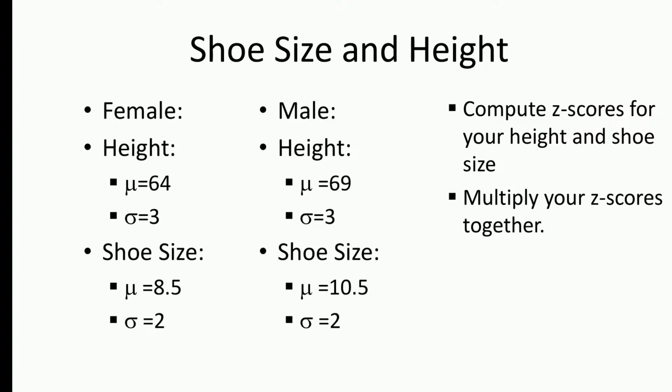I got this information from the CDC website, they have averages for all sorts of things up there. So go ahead and compute your 2 z-scores and then multiply them together. I will do the same up here just so that you know what we're doing. If you're confused, I will compute my z-score for my height, and then my z-score for my shoe size. If you're not sure how to compute a z-score, this will remind you.